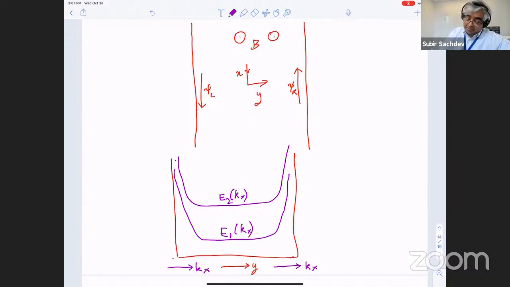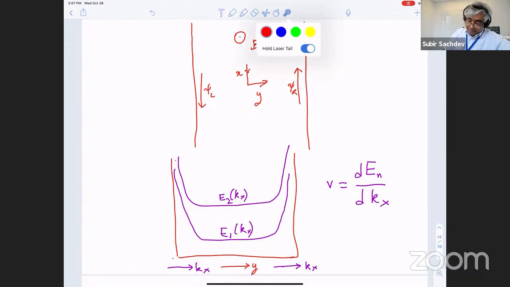The other statement is that if you look at the current carried by any one of these states, which are labeled by the integer n, 1, 2, and the momentum kx, then the current carried by a state is v, which, as usual for any quantum mechanical particle, is dE_n over dkx.